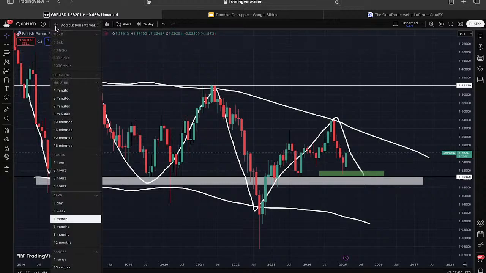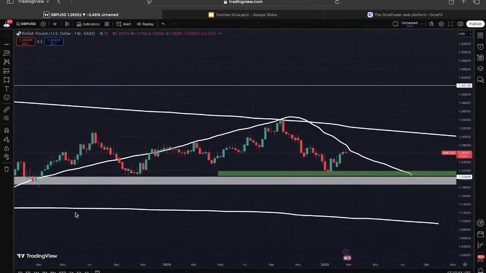So let's go down to the weekly time frame. Now on the weekly time frame, we can equally see how price is building up.